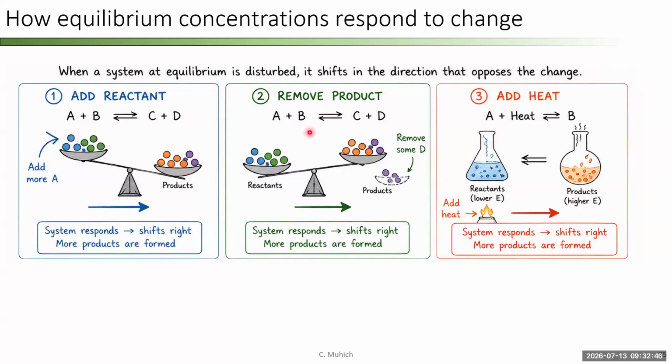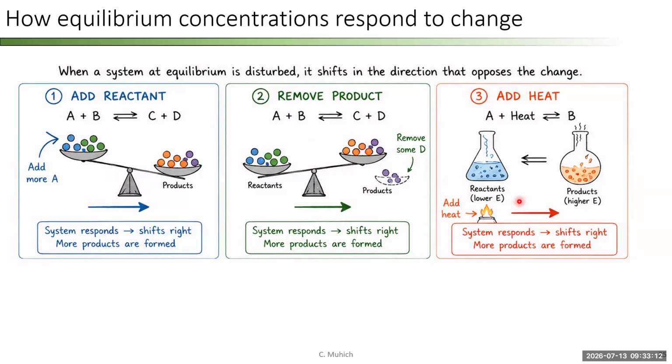Conversely, I could remove the product. So in this case, if I'm thinking about THCA decarboxylating to THC plus CO2, if I remove the CO2, the equilibrium will shift to the right.